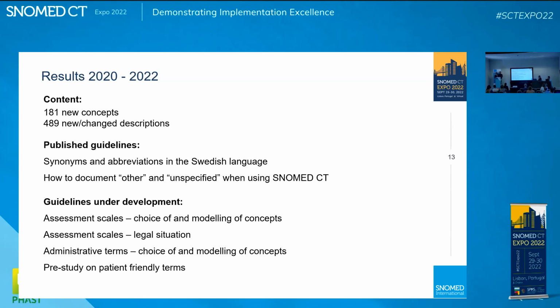Note, though, that there is another document, not finished, on the legal situation about assessment scales, and that's pretty tricky. So that one's not finished yet. Administrative terms is also ongoing work. And as some of you have realized, when Päivi and I have been running around talking to you about this, we are working on patient-friendly terms and how to manage that in the Swedish extension.